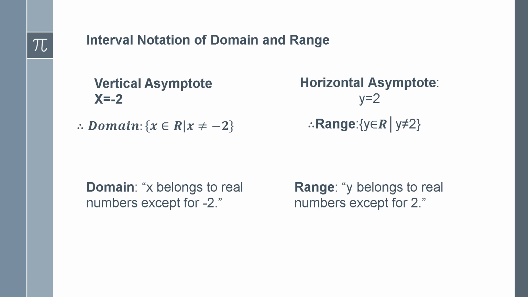So, the domain set is all x is the set of real numbers such that x should not be equal to -2. And then, sa set naman ng range, all y is the set of real numbers such that y should not be equal to 2. Or, for the set of domain, x belongs to real numbers except for -2. And then sa range naman, y belongs to real numbers except for 2.